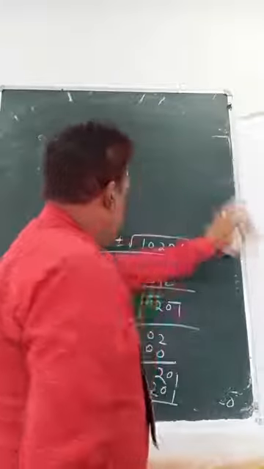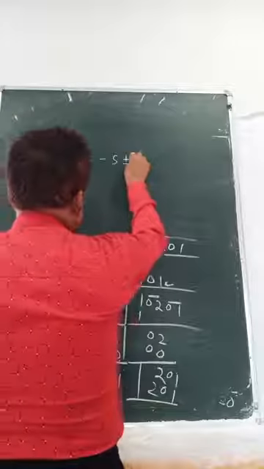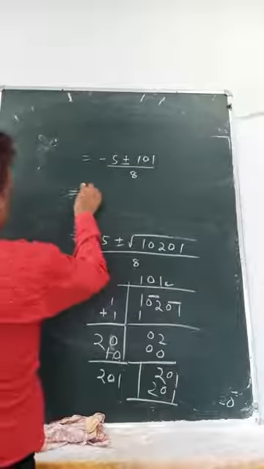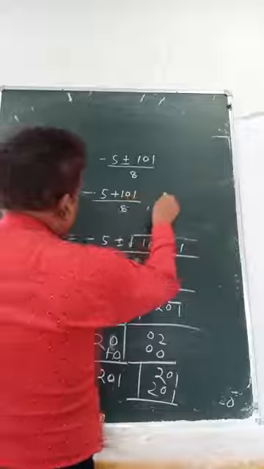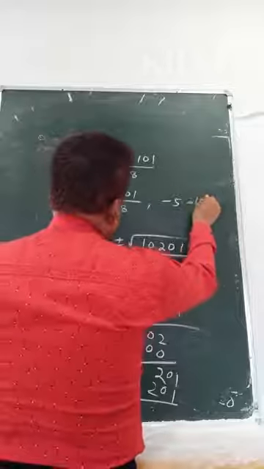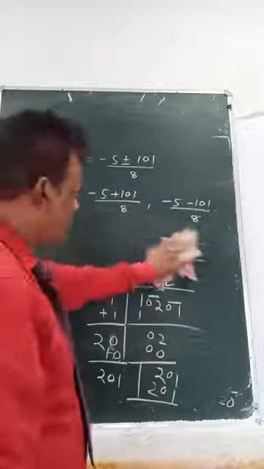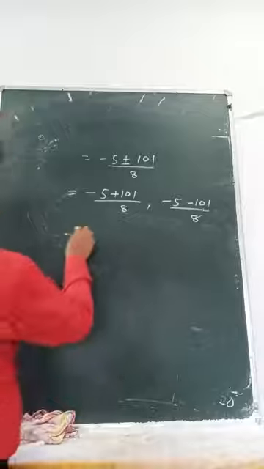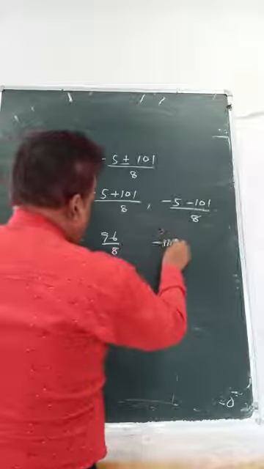So how much will you get? So minus 5 plus minus 101 by 8. So which are two values? Minus 5 plus 101 by 8, and minus 5 minus 101 by 8. So that is 96 by 8, and minus 106 by 8.